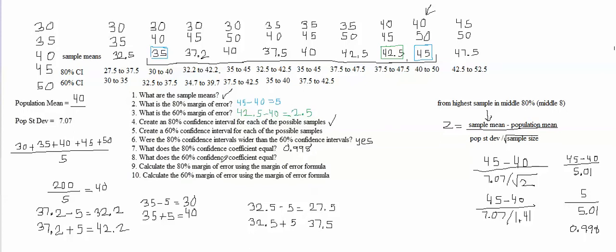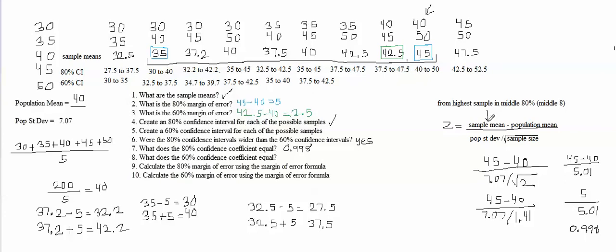The next one says, what is a 60% confidence coefficient equal? A 60% confidence coefficient will just be a z-score, but if the sample mean comes from the highest sample of the middle 6, it becomes a 60% confidence coefficient instead of an 80% confidence coefficient.